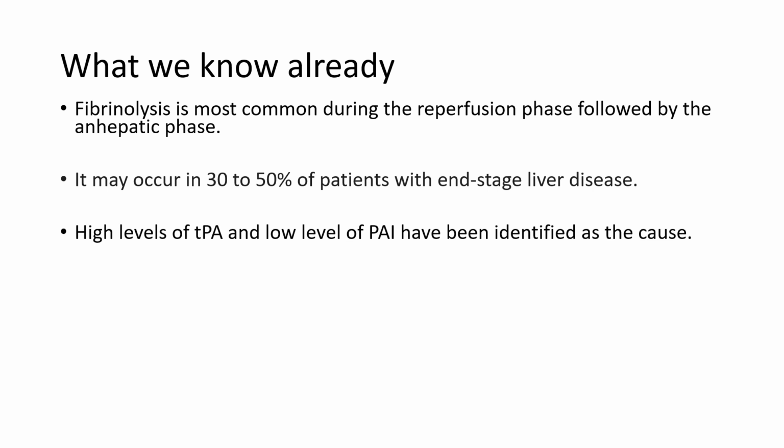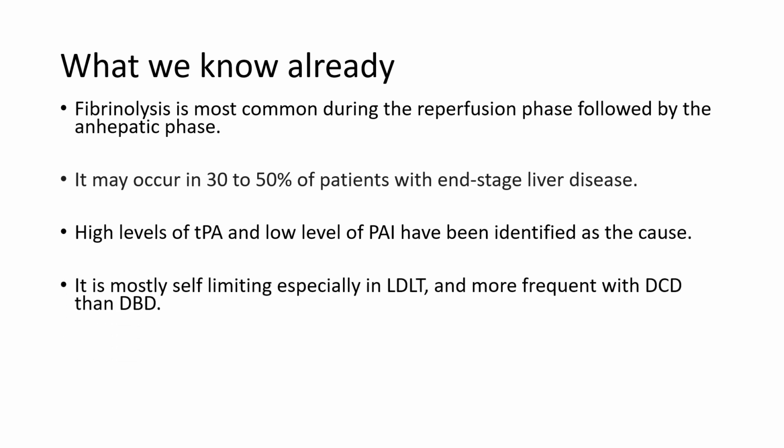High levels of tissue plasminogen activator and low levels of plasminogen activator inhibitor have been identified as the cause. It is mostly self-limiting, especially in living donor liver transplantation, and it's more frequent with donation after cardiac death than donation after brain death. And treatment is rarely indicated.